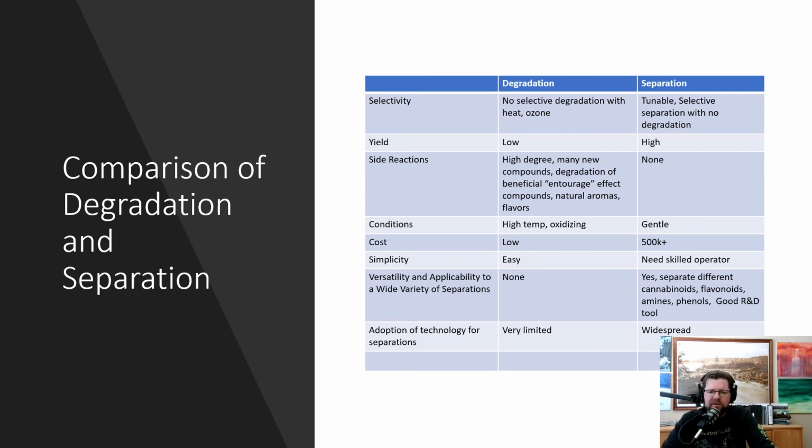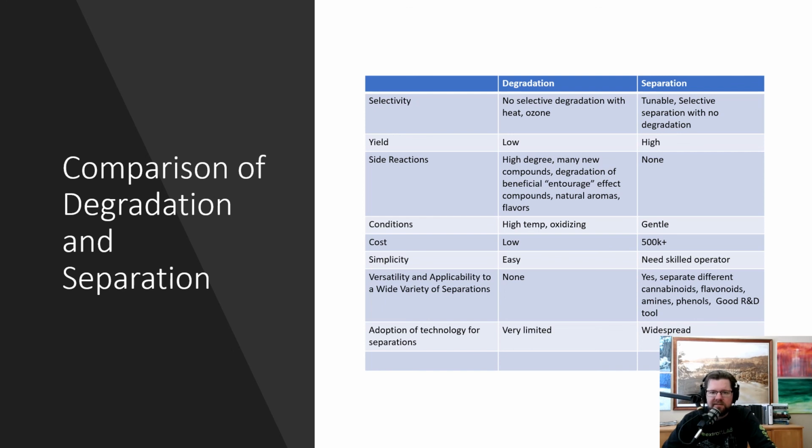On the other hand, you're going to need to have some sort of skilled operator associated with the separation side. Also versatility, there really isn't any versatility. So once you get this set up and you're doing it for degradation, I guess you can repurpose the reactors to other things if you're not doing it anymore.